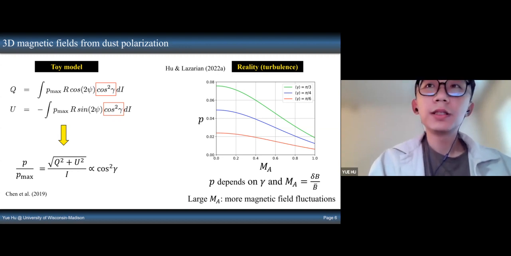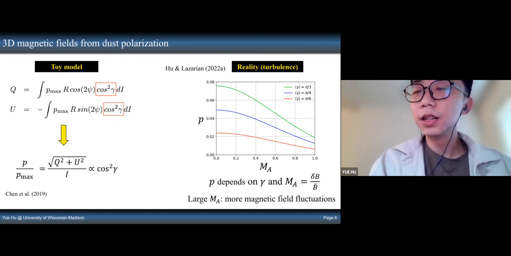From our numerical simulations, we can see that if we have the magnetic fluctuation, which is characterized by MA, the polarization fraction also decreases in the presence of the magnetic field fluctuation. It's not just a function of the inclination angle gamma.